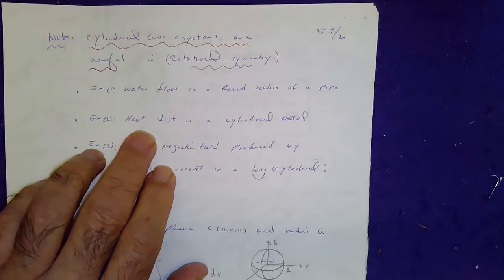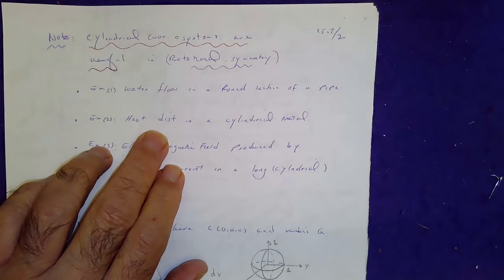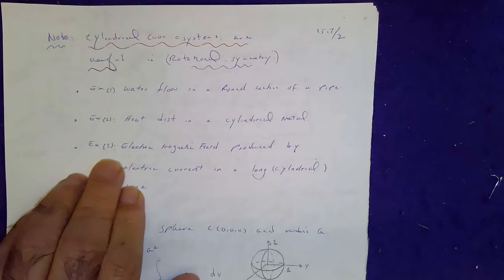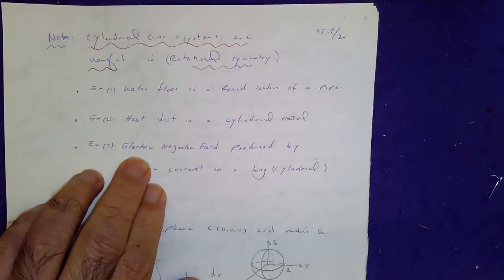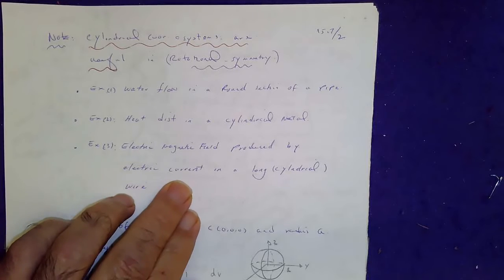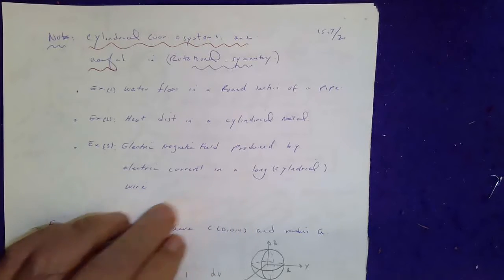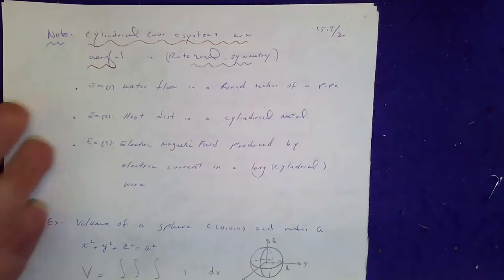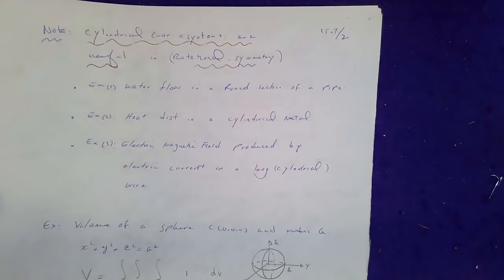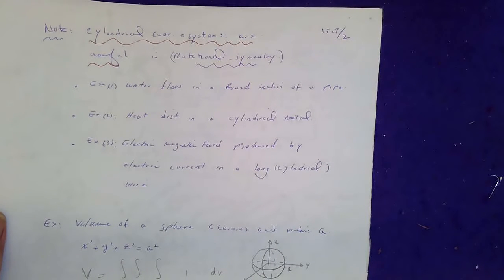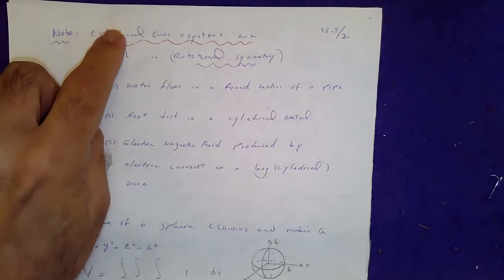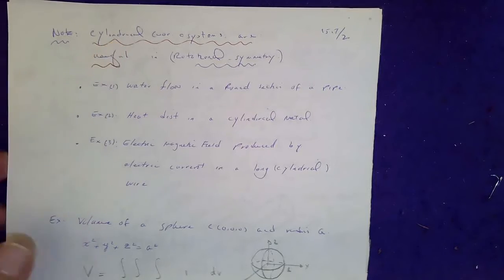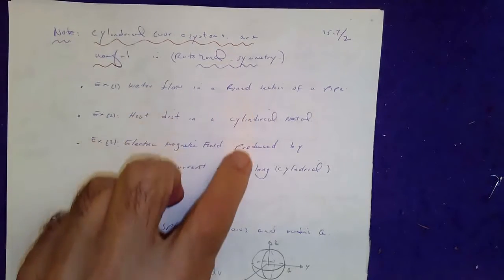Example number two would be heat distribution in a cylindrical metal. Example number three would be the electromagnetic field produced by electric current in a long cylindrical wire. So these are the places or applications where it would be nice to use cylindrical coordinates. Do you see it? So everything has to do with cylinders.